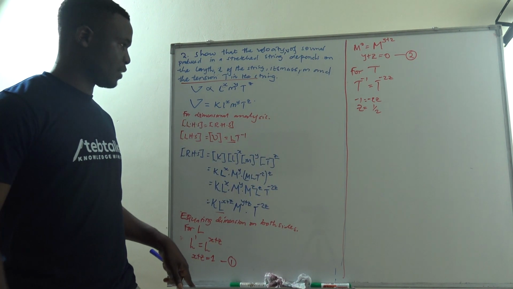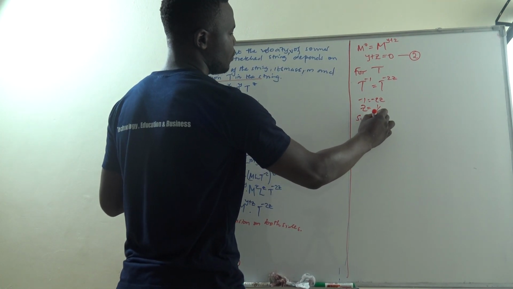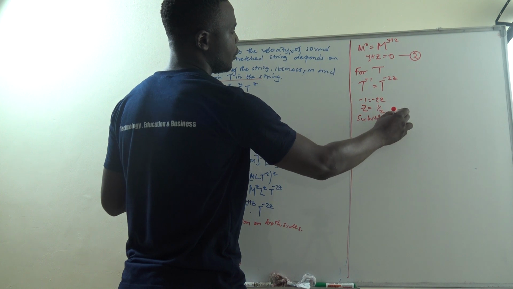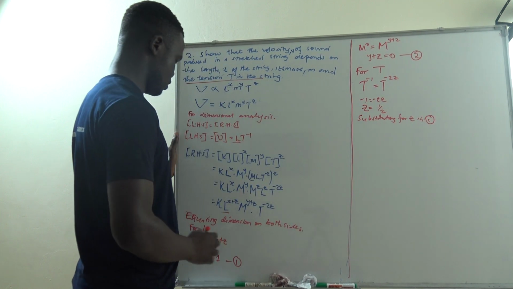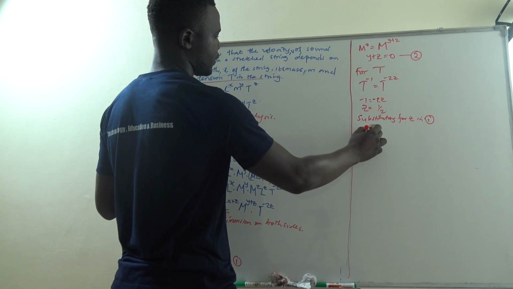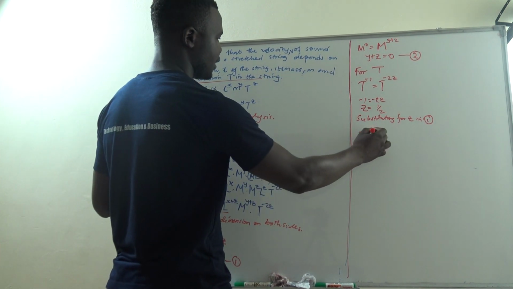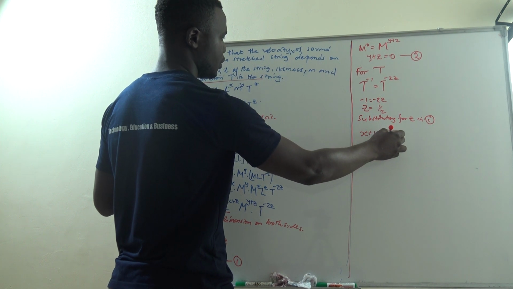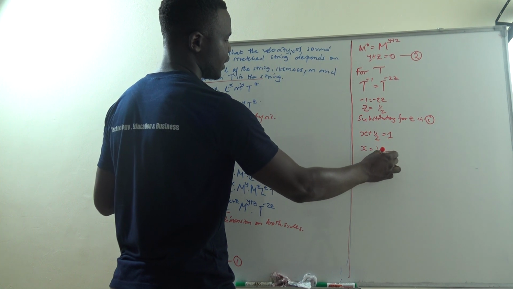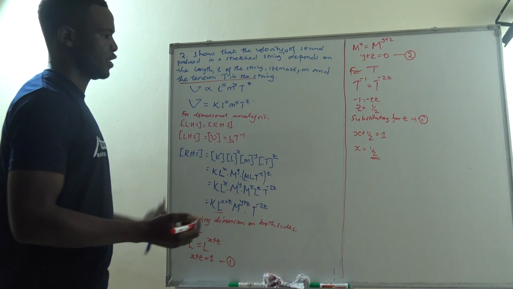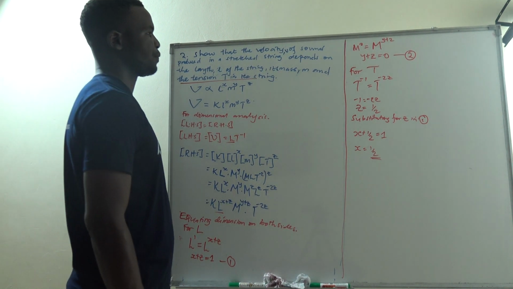Therefore, let's begin by substituting for z in equation 1. I'm going to have x plus a half is equal to 1, and mathematically this tells me that x is a half.